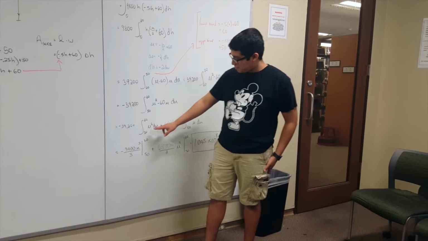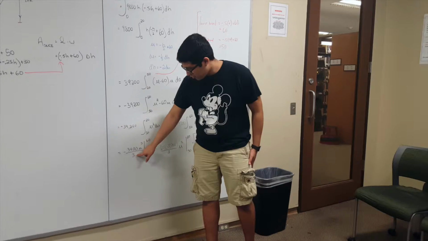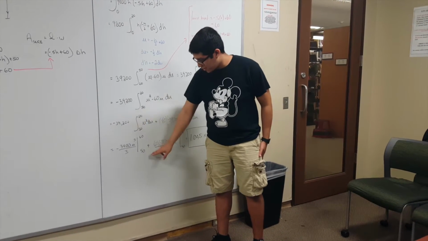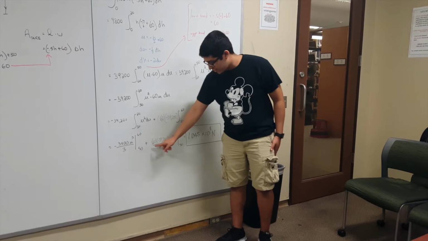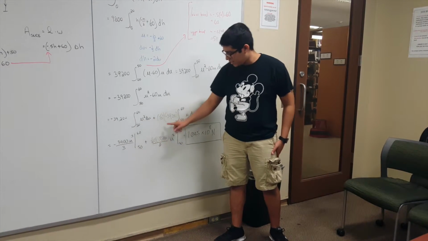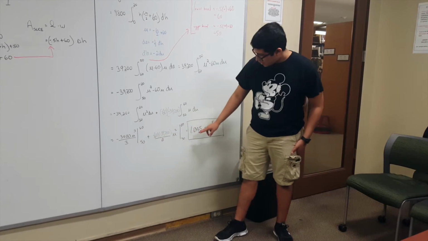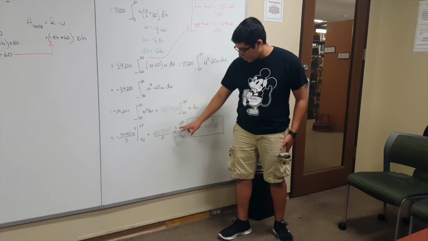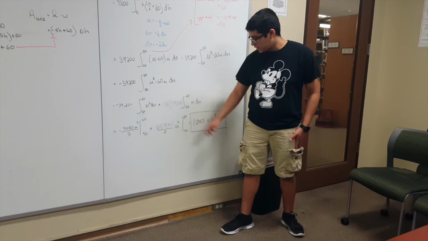The integral of u squared becomes u to the third over 3 times our already constant, evaluated from 50 to 60, plus negative 60 times negative 39,200 divided by 2, where that 2 comes from the 1/2 u squared, evaluated from 50 to 60.